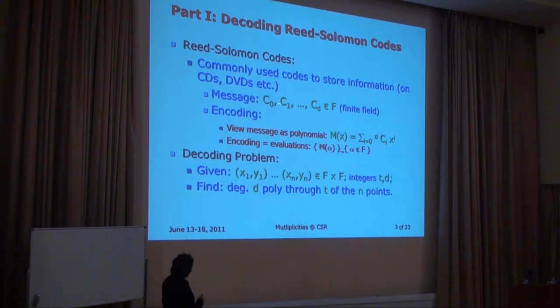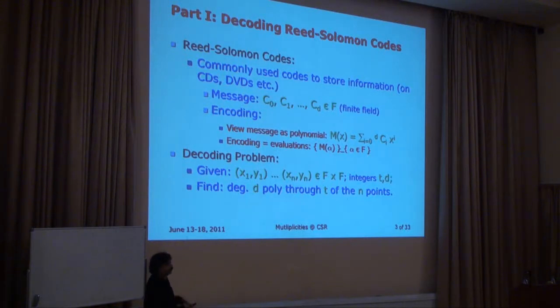And the encoding of this message is you think conceptually of the polynomial represented with these as the coefficients. So m of x is this algebraic object, and the representation that you choose for it is by its values. You just evaluate it at all the points in the field, let's say, and write them down. And why is that nice?